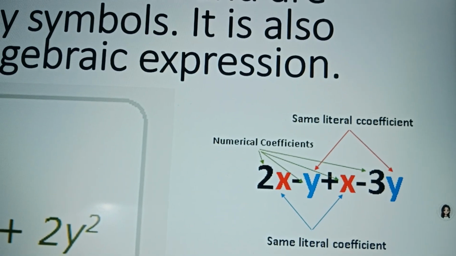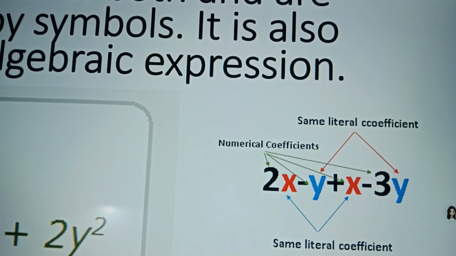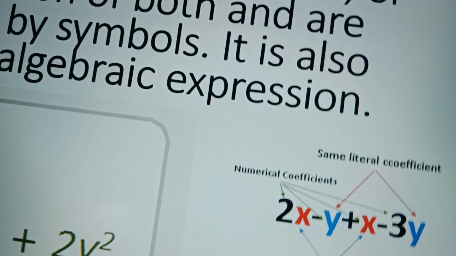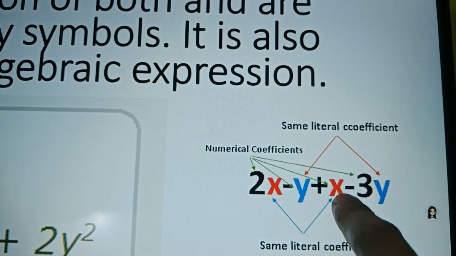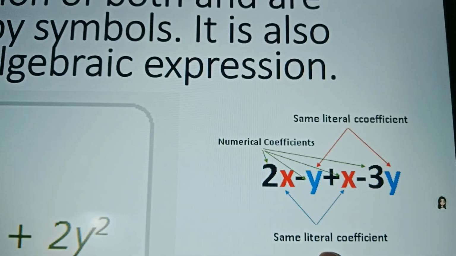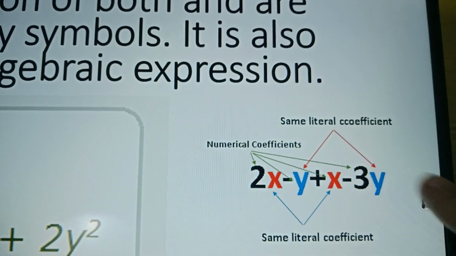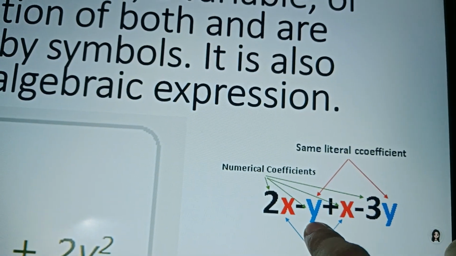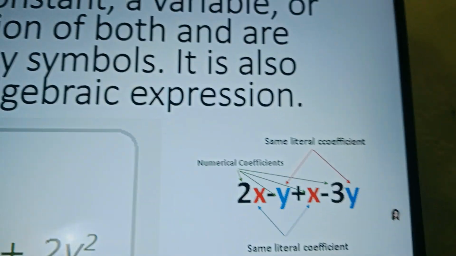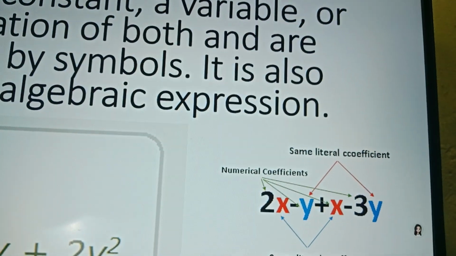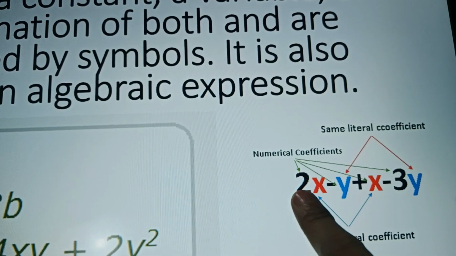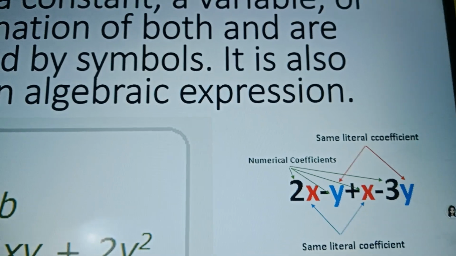Teacher, when I say literal coefficient, can it be considered a variable? Yes. So x can also be called a variable or literal coefficient because it's a letter. Y can also be considered a variable or literal coefficient. The two are the same. We have here another example, 2 and 3.